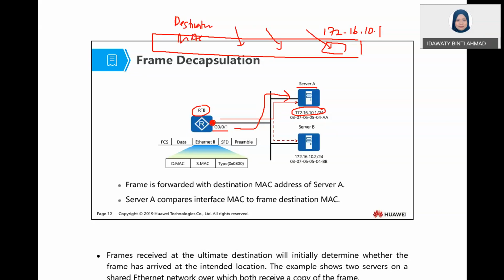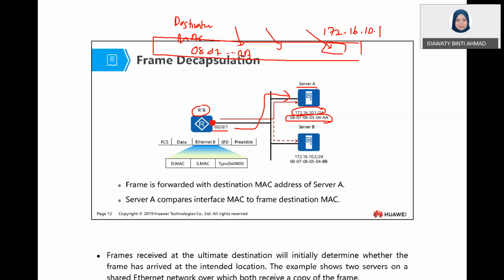The destination is here. The destination is the MAC address of server A, which happens to be 0800 0706 AA. I just put it here as 0807 07 and so on, AA.